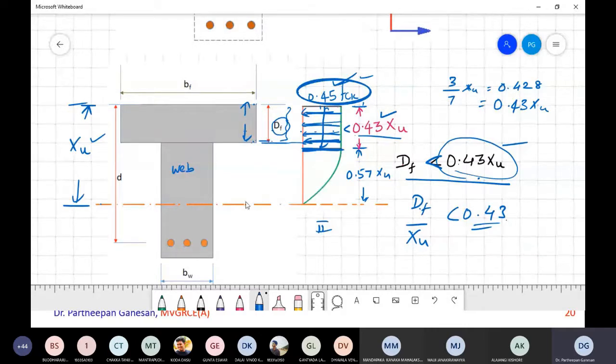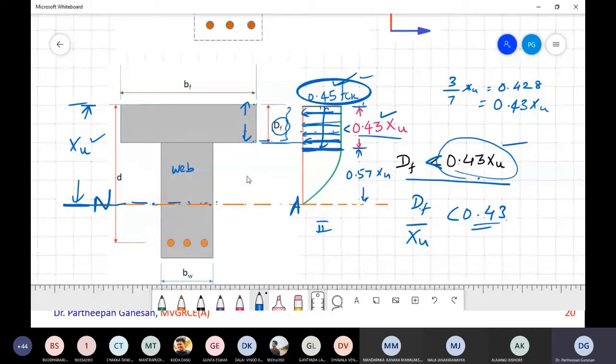Now if this is the case, remember, above the neutral axis, this is the neutral axis now. Above the neutral axis, is the concrete in the shape of a T-beam or a rectangular beam? T shape.